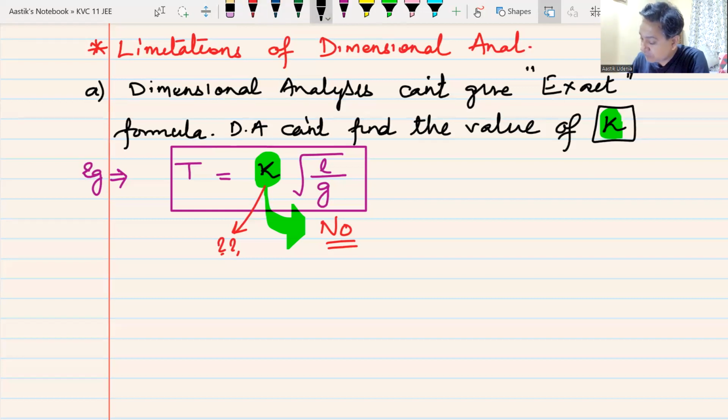Okay. Limitation B is similar to A, but let me put this in a different way.